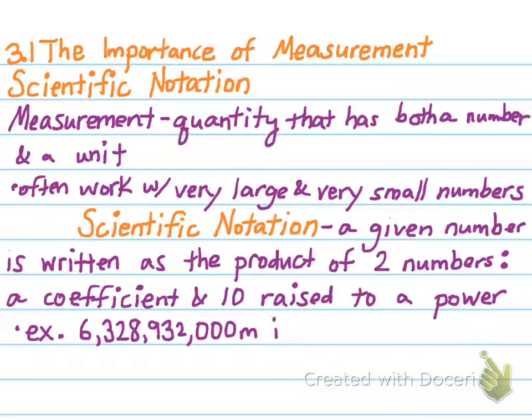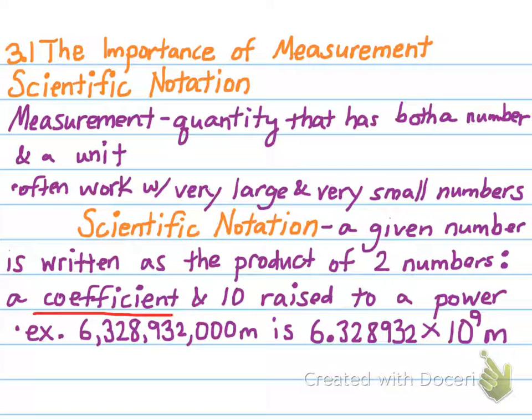So this is a number that's easier oftentimes to write in scientific notation, and it would be 6.328932 times 10 to the 9th meters. So remember up here we talked about a coefficient.